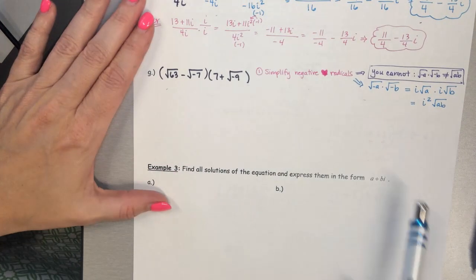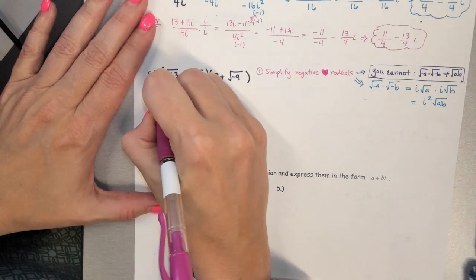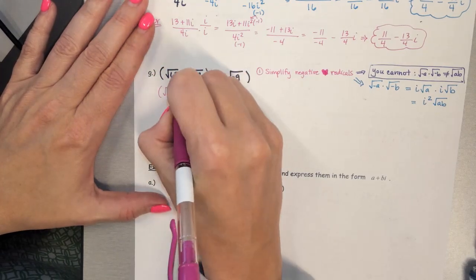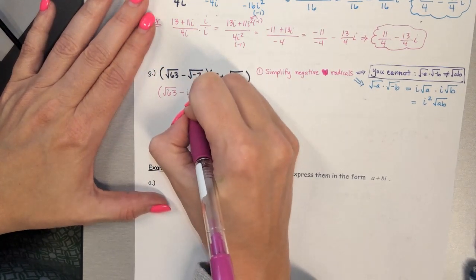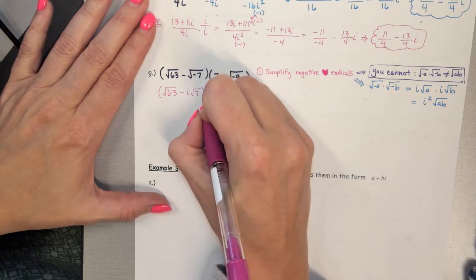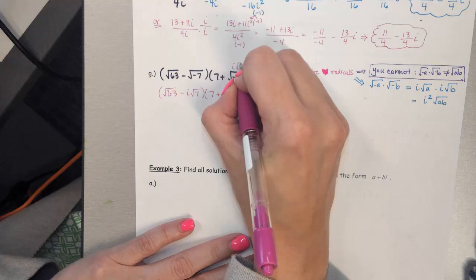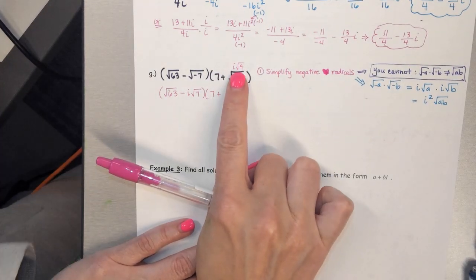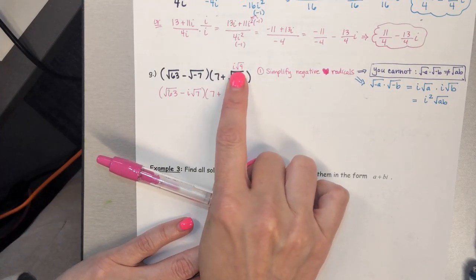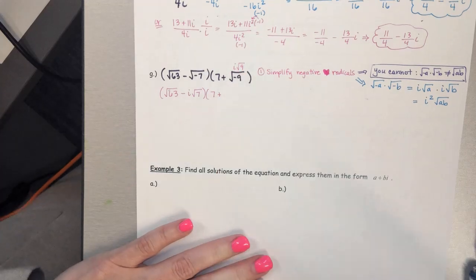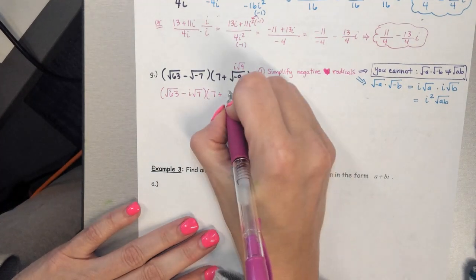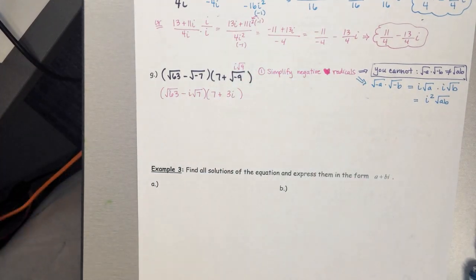So step 1, and I'm only worrying about this first step. I'm going to make it i root 7 and then 7 plus. Now, if I have i root 9, I'm going to simplify it because it's a perfect square. Because what's the square root of 9? 3. So let's write that as 3i.